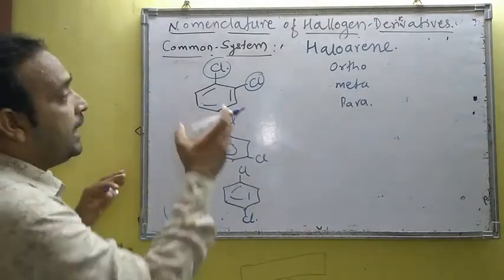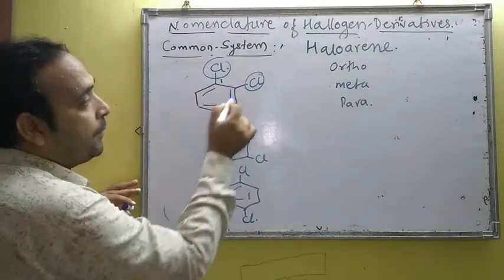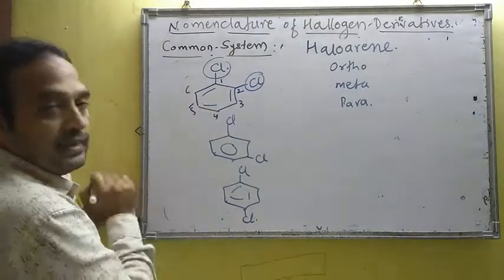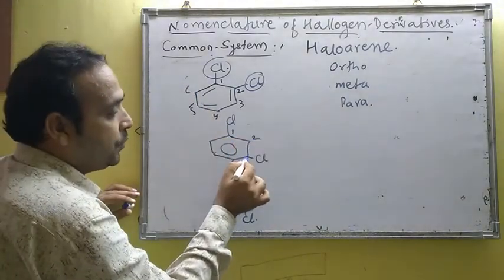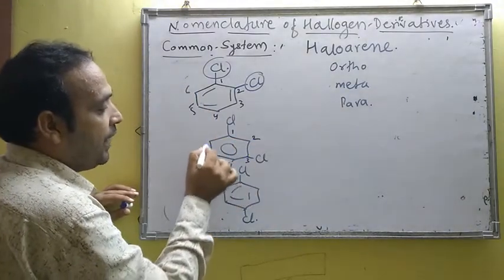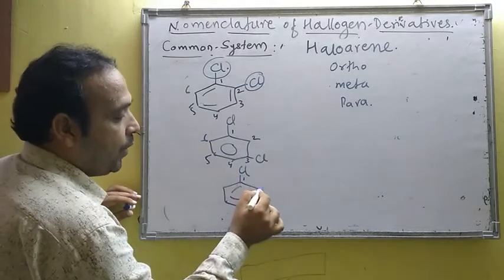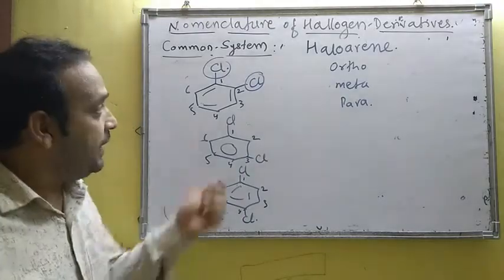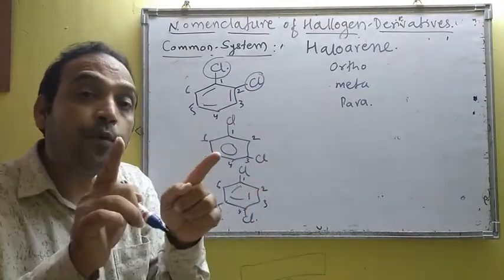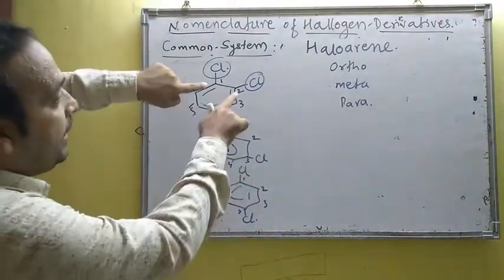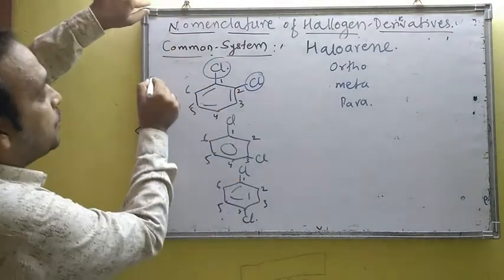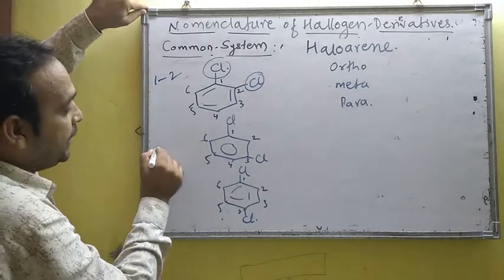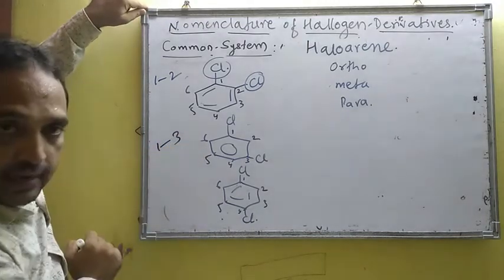Now suppose this one is my carbon number 1, carbon number 2, 3, 4, 5 and 6. In these examples, what is the position of the two functional groups? Here two functional groups are attached to carbon number 1 and 2. Here to carbon number 1 and 3.